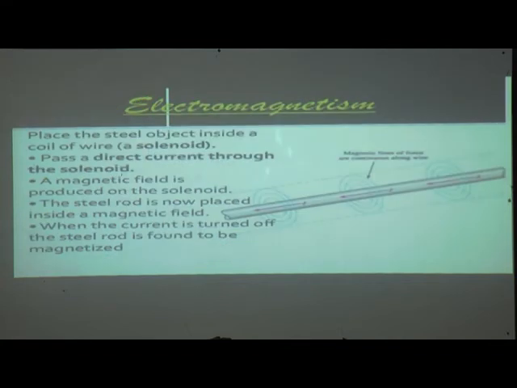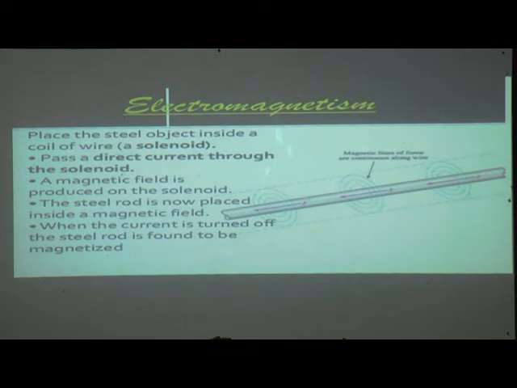Now electromagnetism. So place the steel object inside a coil of wire, which is called a solenoid. Then pass a direct current through the solenoid. So here what we have to do, place the steel object inside a coil of wire.